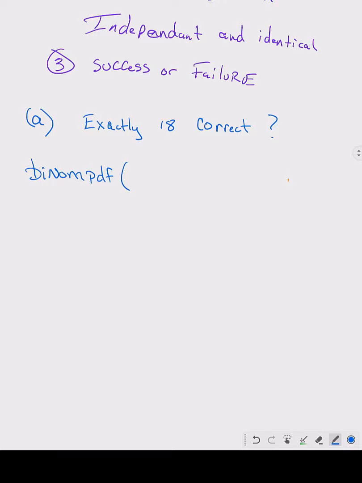There were 36 trials, that's n, and the probability is a half, or 0.5, because there's a 50% chance it's odd and a 50% chance it's even. And then exactly 18. So I'll type that in my calculator.